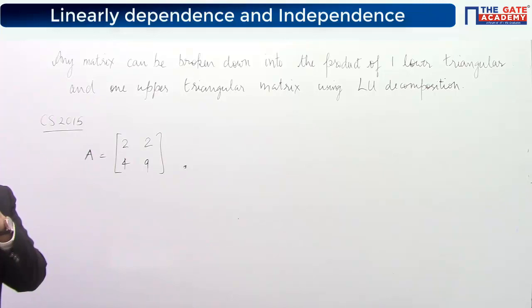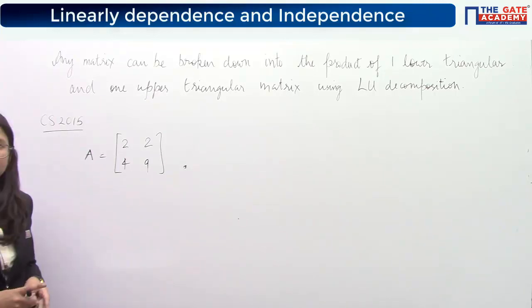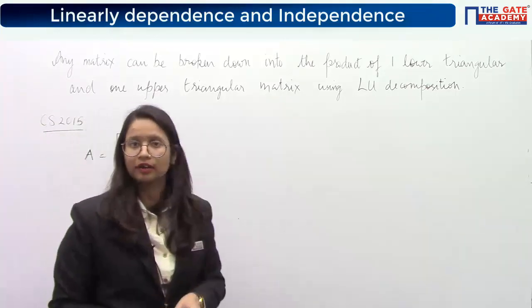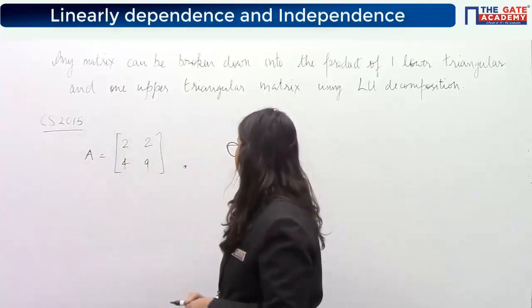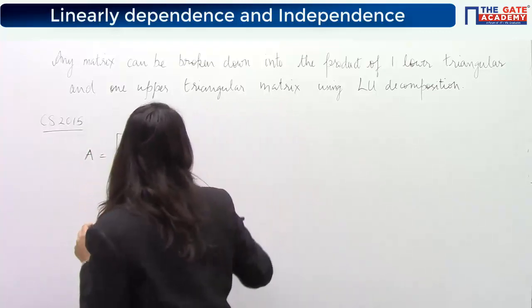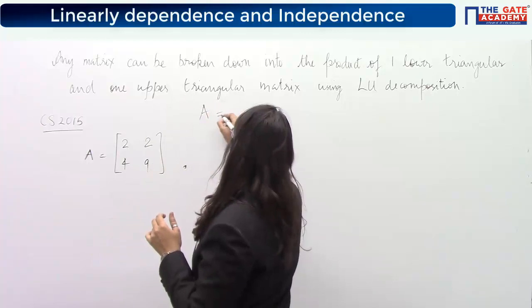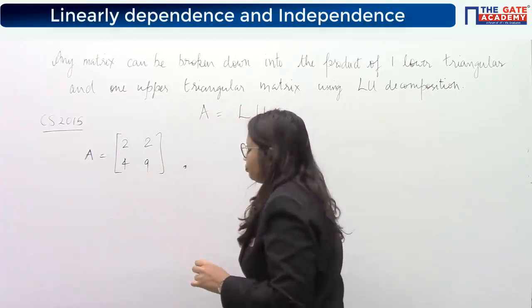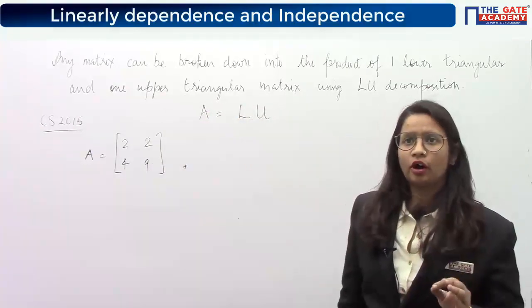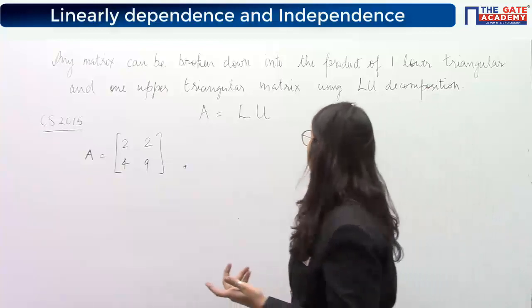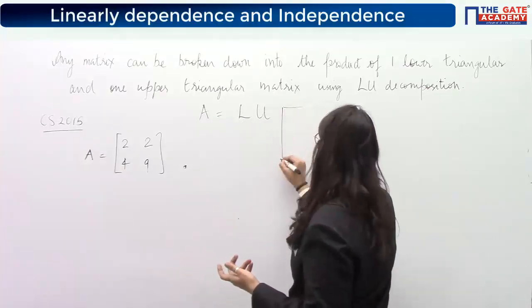This was the question. The question was to break this matrix into one upper triangular and one lower triangular matrix. Okay. So let's say A is equal to L into U. Now to simplify your calculations, we can assume this in two ways.